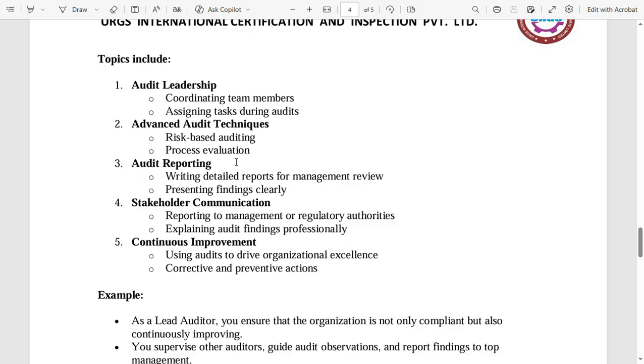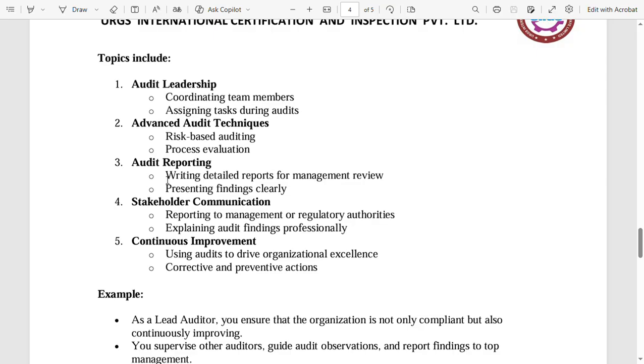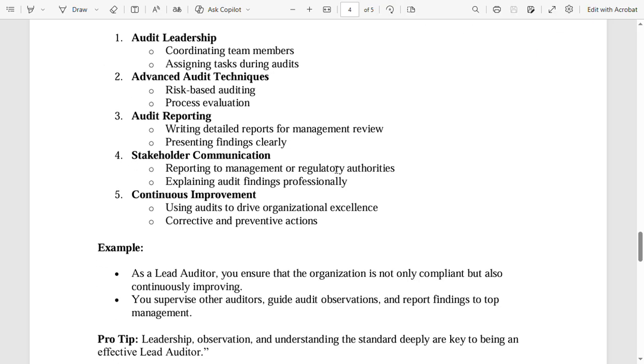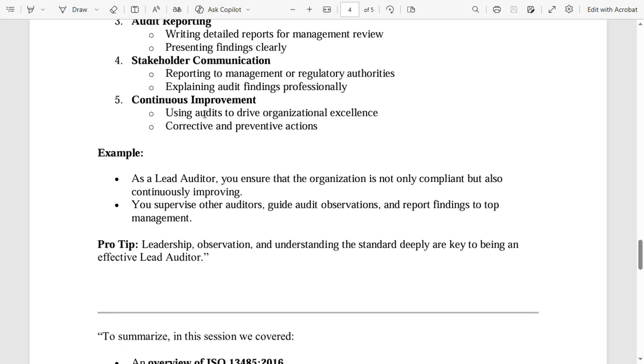Third, audit reporting, writing detailed reports for management review, presenting findings clearly. Fourth, stakeholder communication, reporting to management or regulatory authorities, explaining audit findings professionally. Fifth, continuous improvement, using audits to drive organizational excellence, corrective and preventive actions.